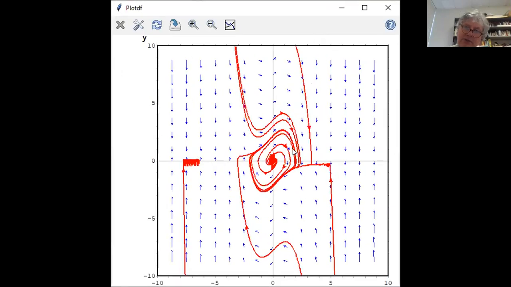When we look at this, we see that 0,0 is an equilibrium. It seems to be a stable equilibrium. But the interesting thing is that there seems to be some sort of stable curve that's attracting. Oh no, 0,0 is not stable. Sorry, it's unstable.